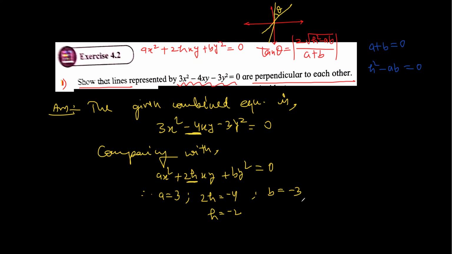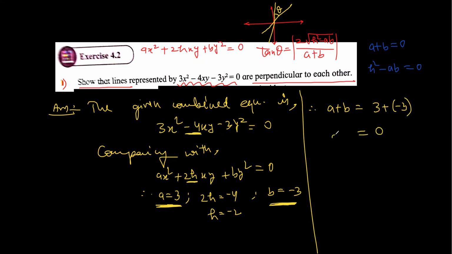What will I write now? Therefore, a plus b is equal to 3 plus minus 3, that is 3 minus 3 is 0.